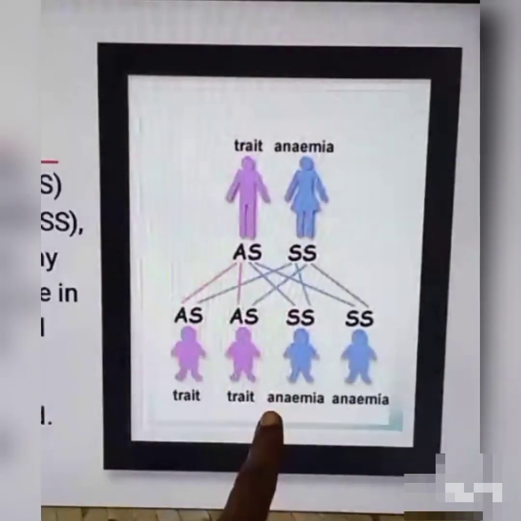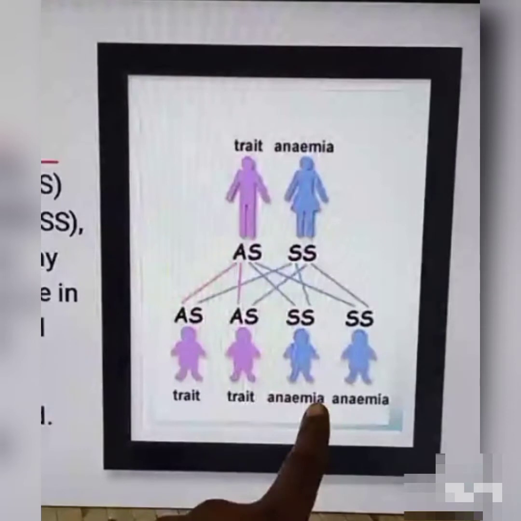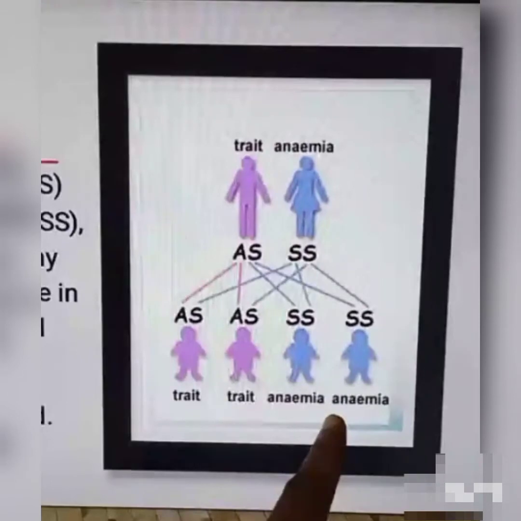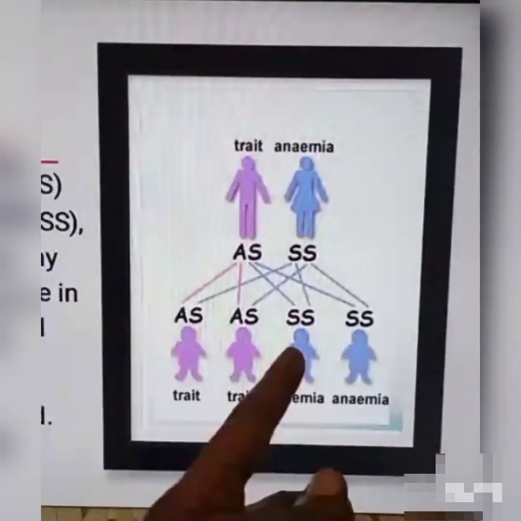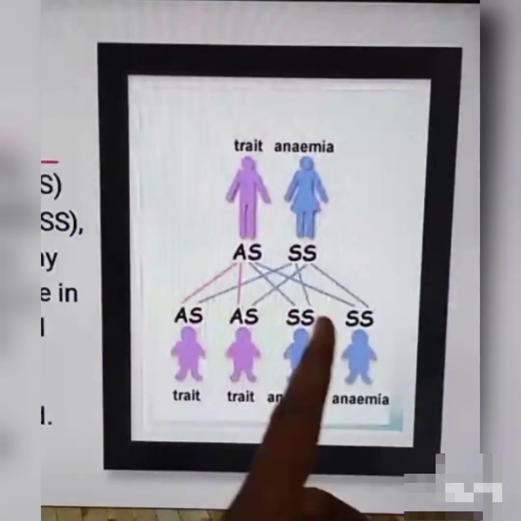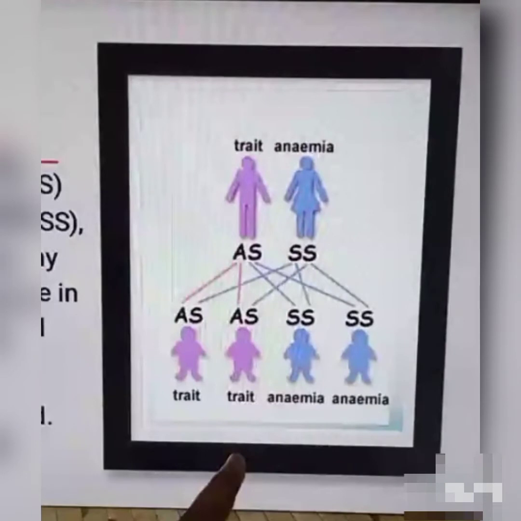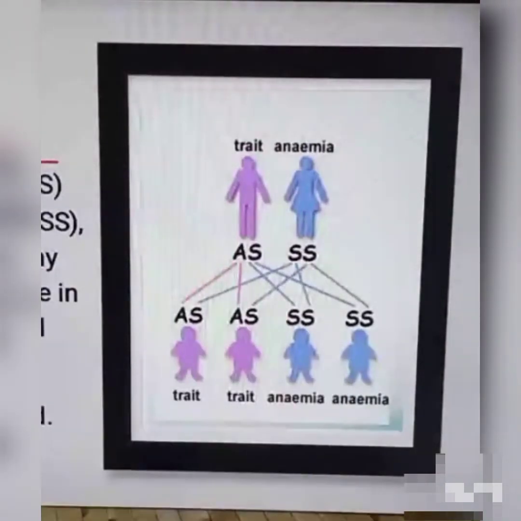They have 50% chance of having carriers, they have the trait, and they also have 50% chance of having sickle cell disease children. So this is even more risky, because the chances that they will have sickle cell anemia children is even 50-50. And I've seen people like this that they didn't give birth to any normal child.